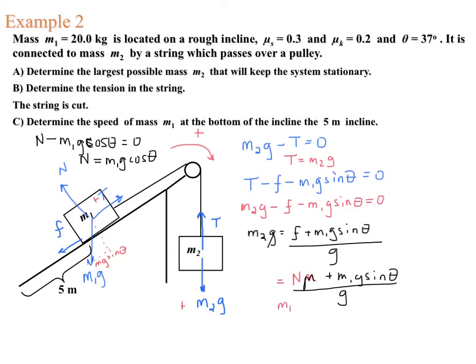So this is mu times m1g cosine theta plus m1g sine theta, all divided by gravity. And this will be equal to mass 2. When I plug in all of my values, I should get a number of 16.8 kilograms.